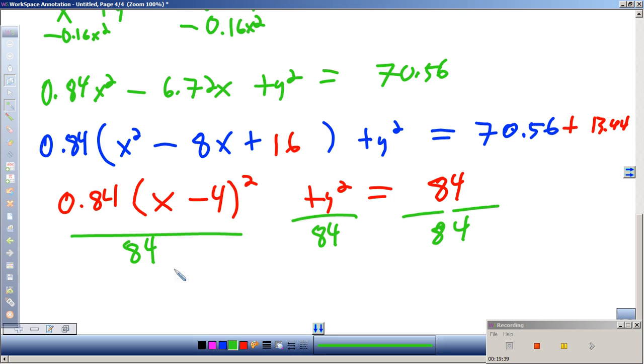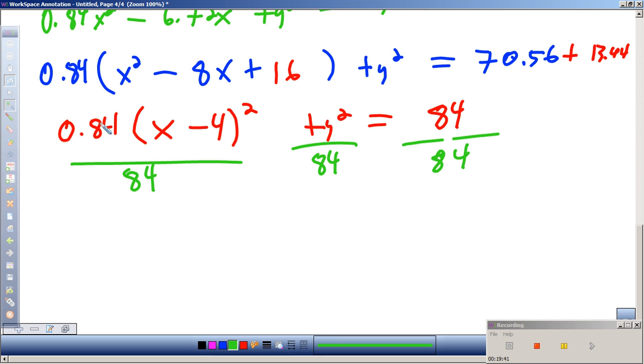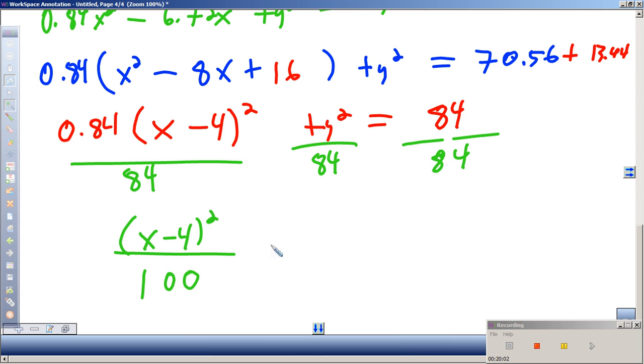What are we going to get when you take 0.84 divided by 84? So we're going to have x minus 4 squared over, is it 100? Plus y squared over 84 equals 1. There's our equation.